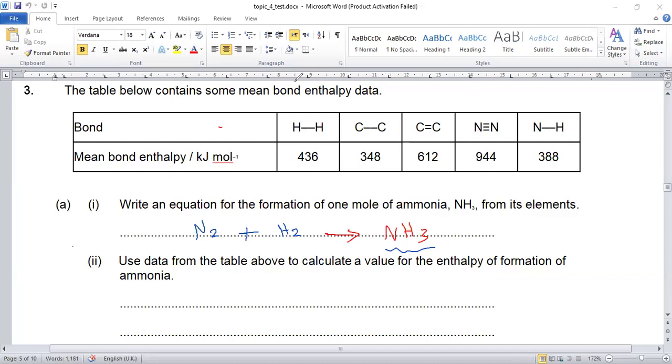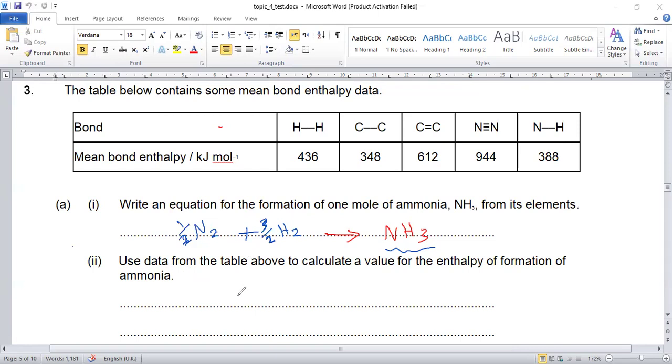You can't add the 2 in front of it. So it is half N2 plus 3 divided by 2 H2. When we need the single number, you can make this trick. So we have here 3 hydrogen atoms and 1 nitrogen atom only.